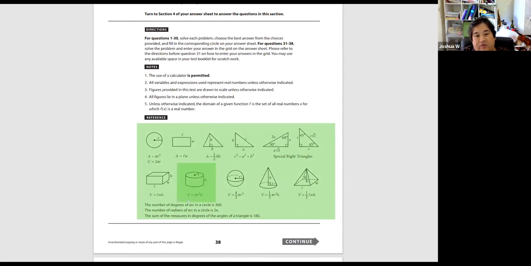If you didn't know the formula, V equals pi r squared h. Don't panic. Remember that there is a reference page. If you can't remember, just meditate on the page for about 15 seconds till it clicks. I know it can be an intense test, so just go back to the formula sheet in section 4.